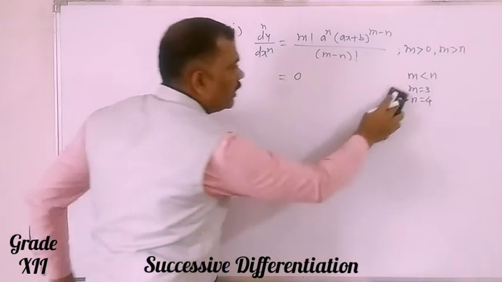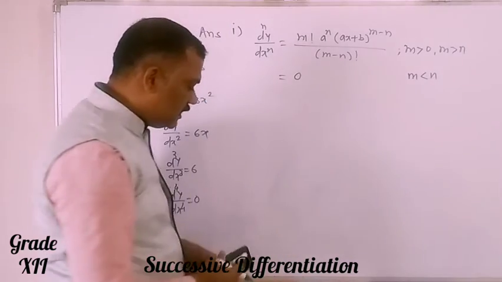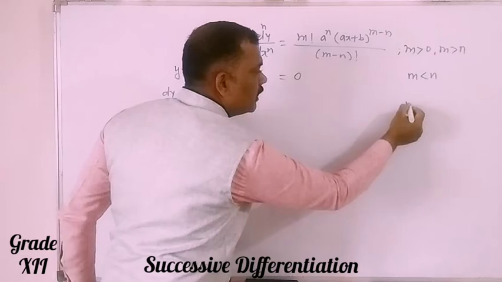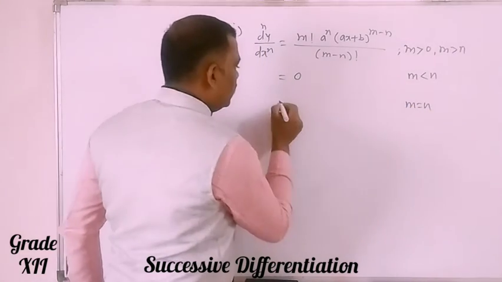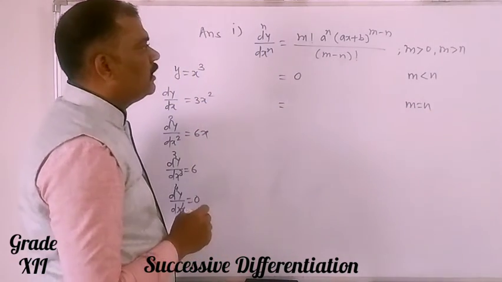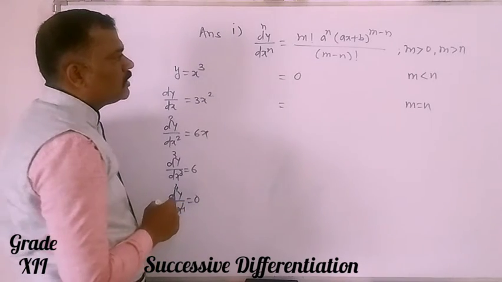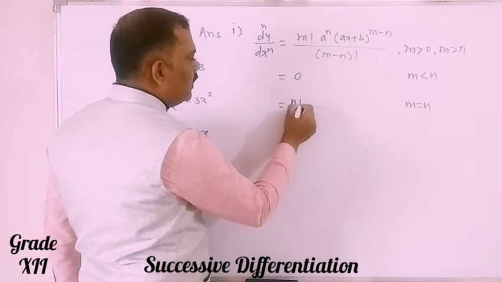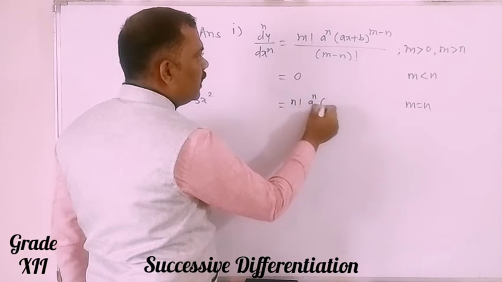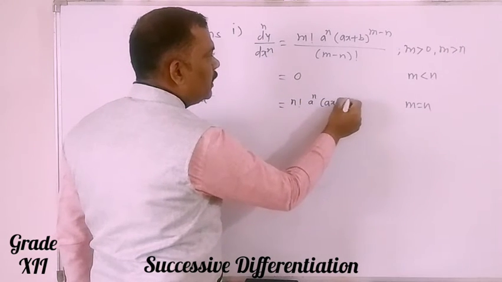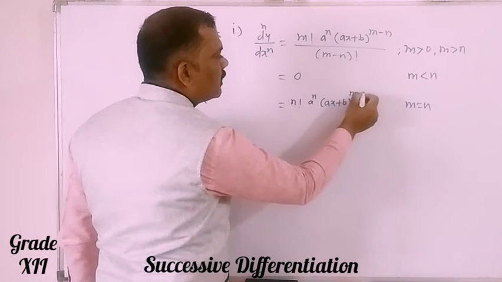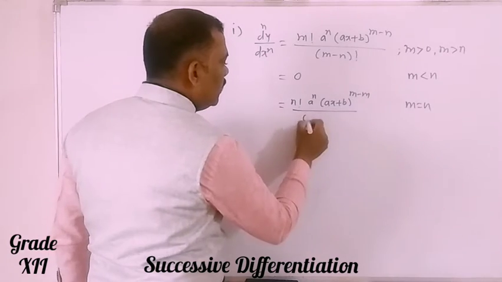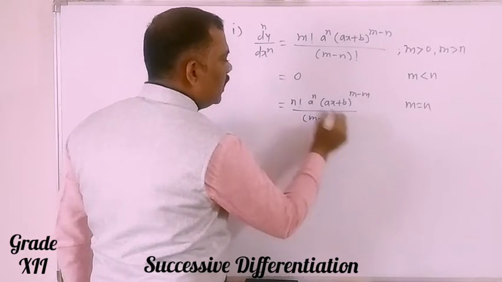Now we have covered m greater than n and m less than n. Which condition is remaining? The condition is m equal to n. If m is equal to n, then what happens? We have to see here. If m is equal to n, we get n factorial into a raised to n into (ax plus b) raised to m minus m, because n is equal to m, divided by (m minus m) factorial.